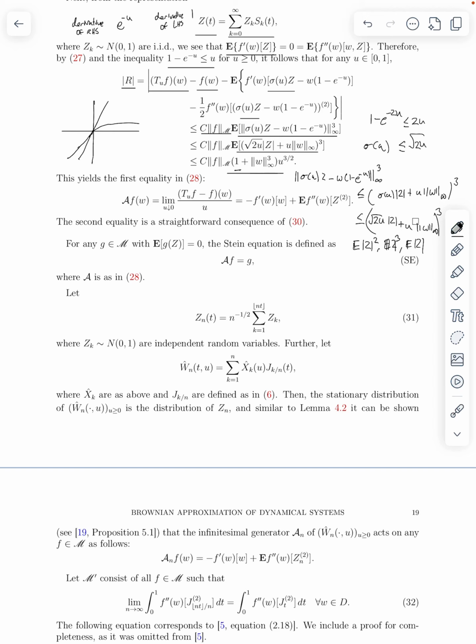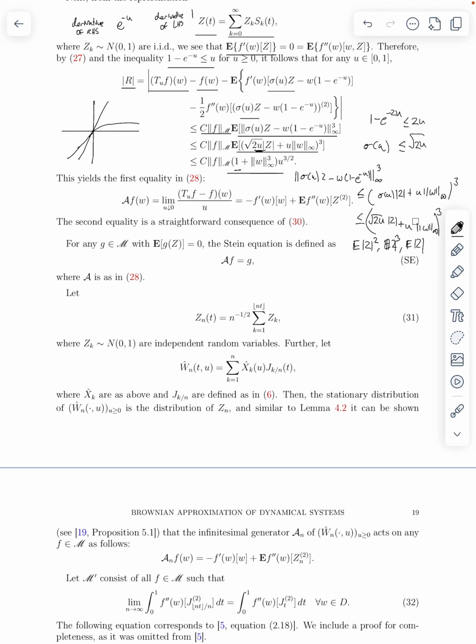Okay. And so what we need to look at here is, what is the lowest order term that's multiplying z, okay? And so in this case, that's going to be this square root of u.